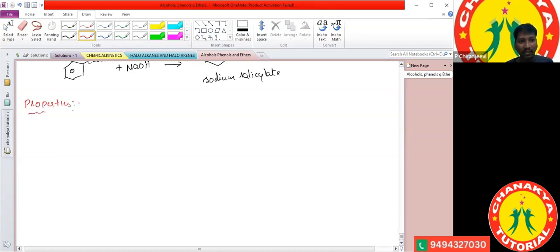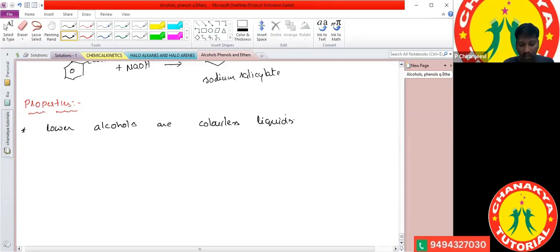First one, lower alcohols are colorless liquids. And some alcohols have a characteristic smell.